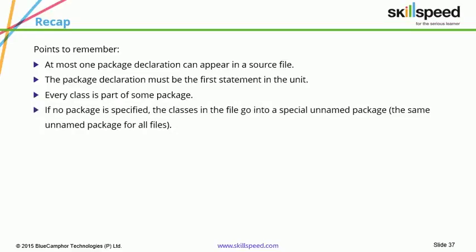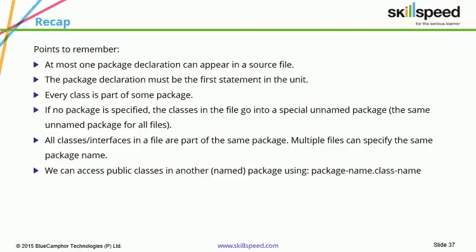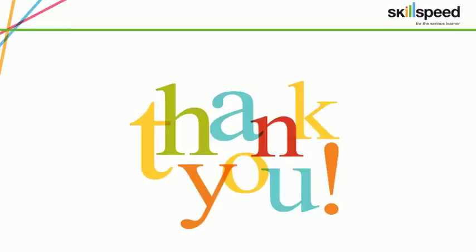If no package is specified, the classes in the file go to a special unnamed package, the same unnamed package for all the files. All classes or interfaces in a file are part of the same package. Multiple files can specify the same package name. We can access public classes in another named package using packagename.classname.